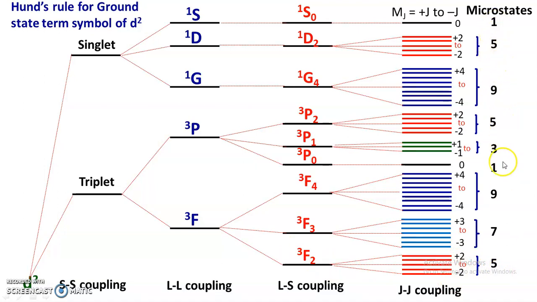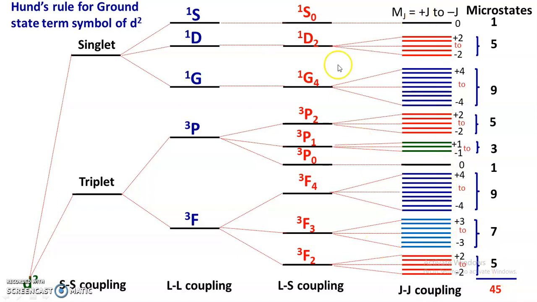When we take the sum of these microstates, it is 45. It means altogether for the d2 term, 45 microstates or energy states are there, and these are the corresponding mj values.